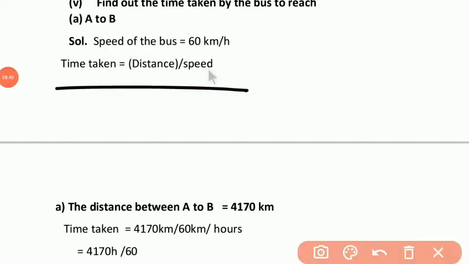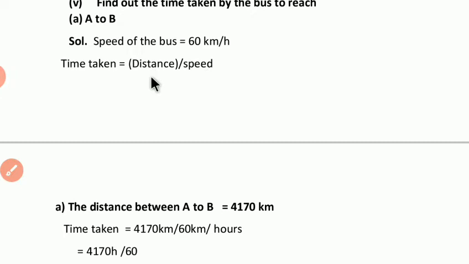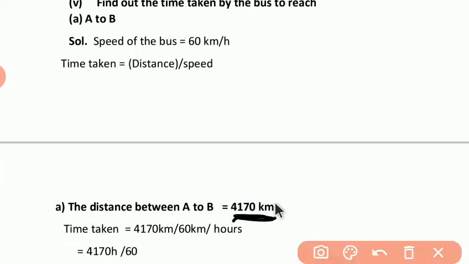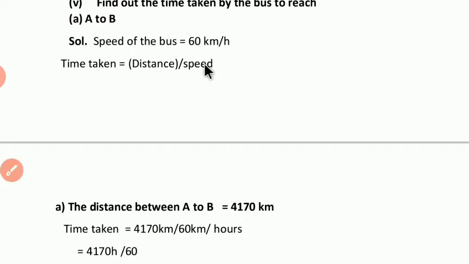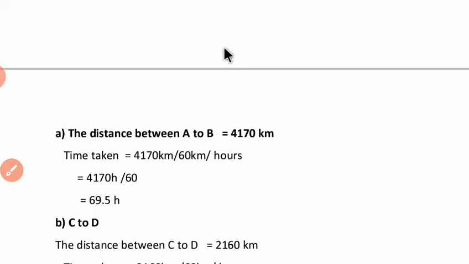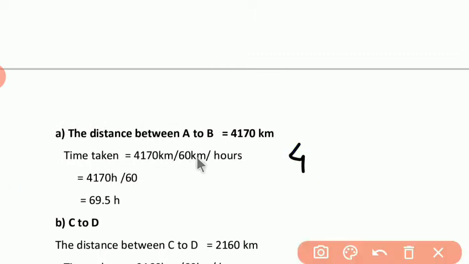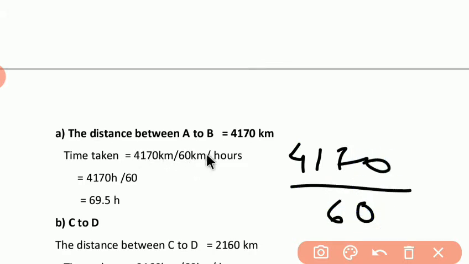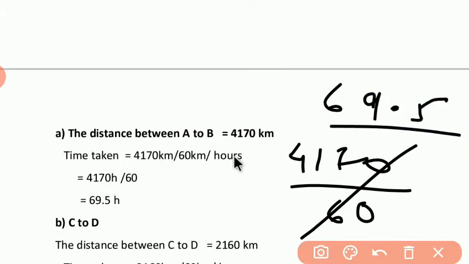So we know that time taken is distance upon speed. First we will see the distance between A to B. The distance between A to B is 4170 km and speed is already given as 60 km per hour. Only we have to put in this relation. So time taken is equal to distance upon speed, 4170 km upon 60 km per hour. Now we have to divide.